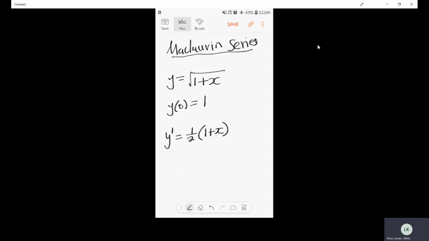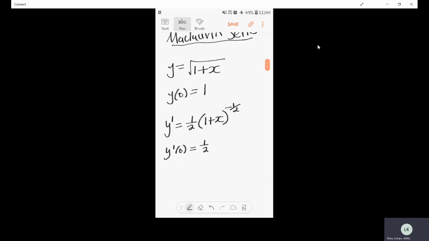So I have half minus 1, which is minus a half. And then I substitute 0 in there, so I have y prime of 0. This is equal to a half, because inside my bracket I'll have 1 plus 0, which is just equal to 1, and 1 to the power of anything is just equal to 1.